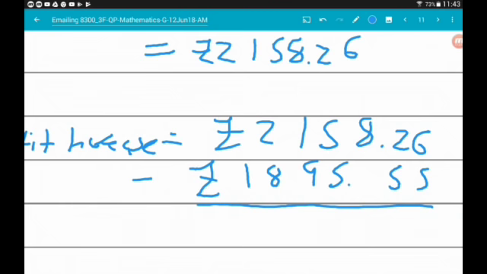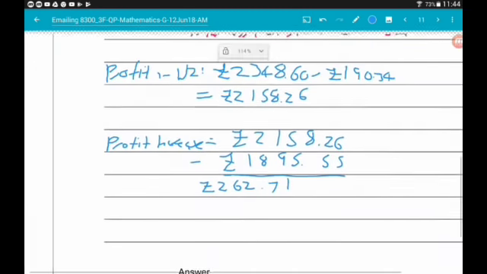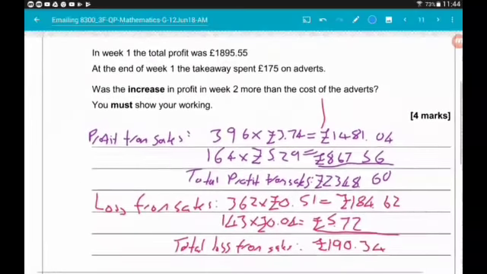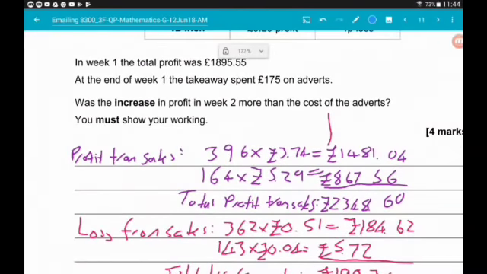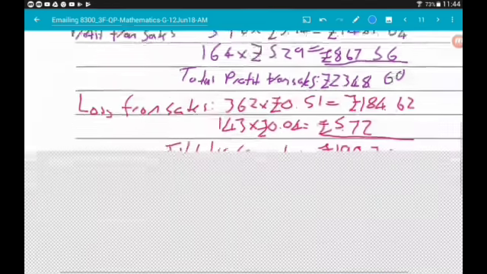So that gives us our profit increase of £262.71p. So, remember what we were actually asked was the increase in profit in week 2 more than the cost of the adverts? The adverts cost £175, so yes is the answer.